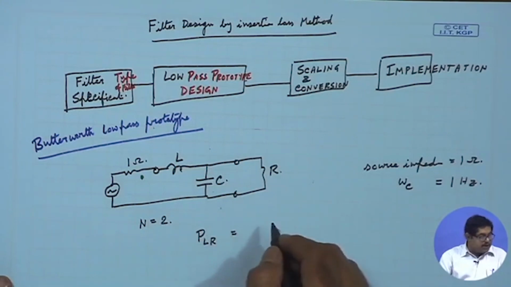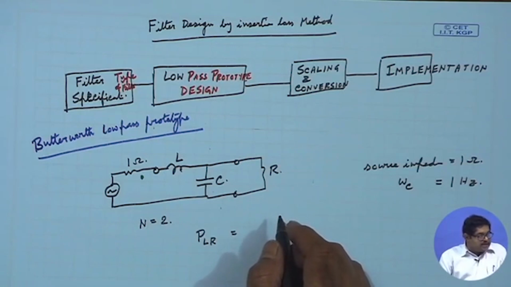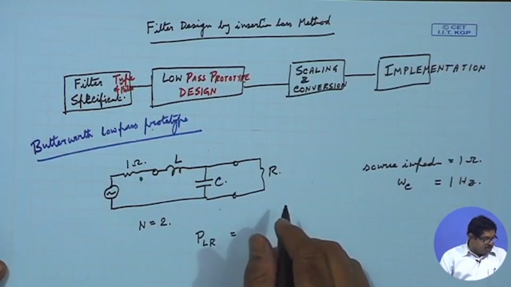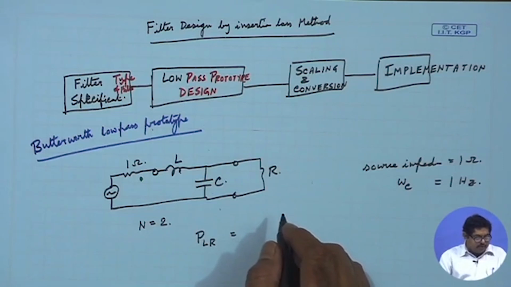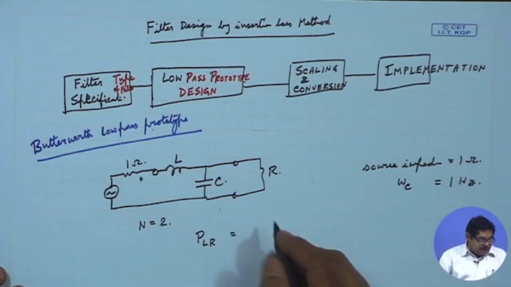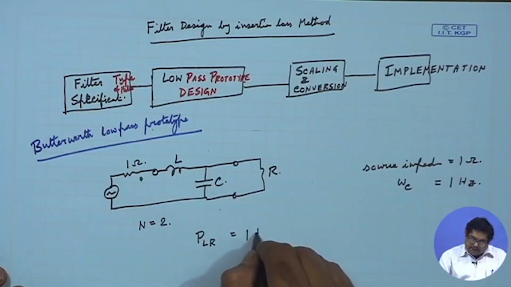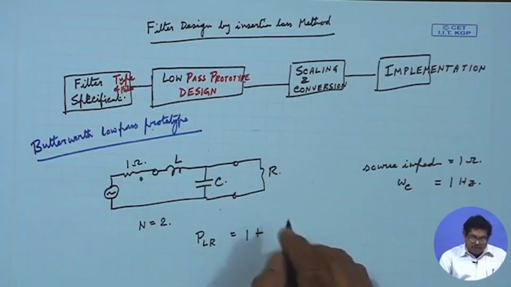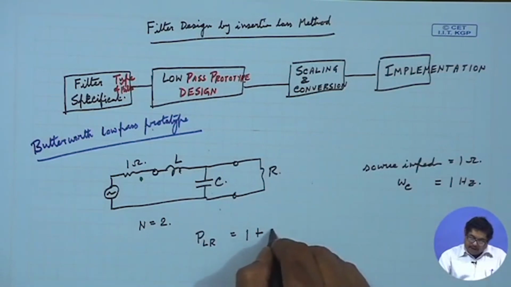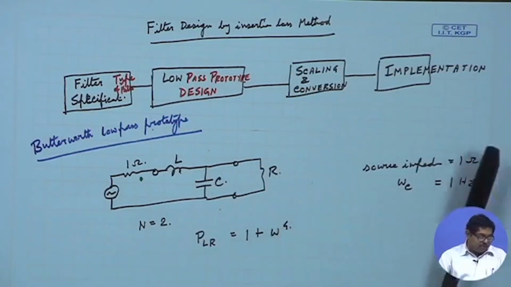What was the PLR expression for the maximally flat? It was 1 plus k squared times omega by omega c to the power n, to the power 2n. Since we are taking n equal to 2 and omega c is already 1, the PLR is 1 plus omega to the power 4.